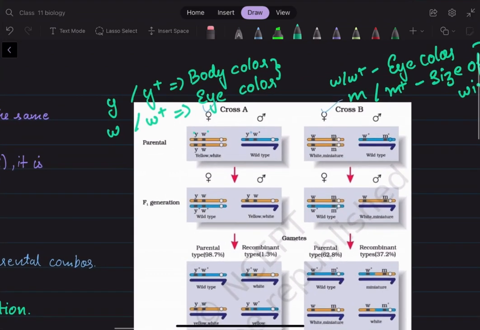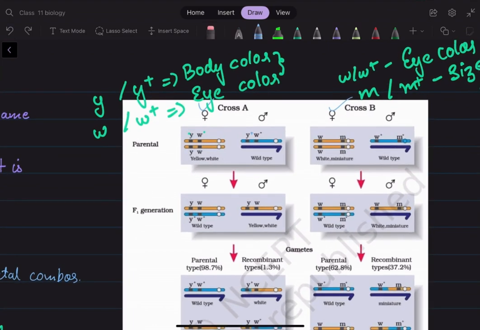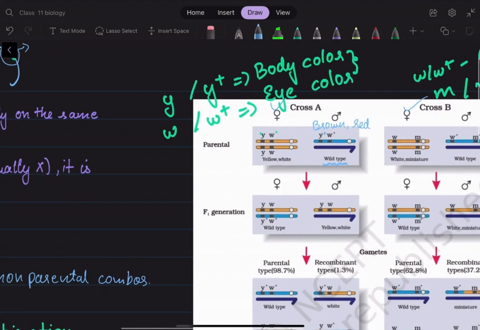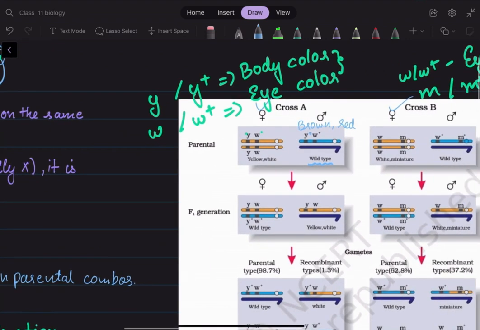The first one was considering the body color and the eye color. They took a wild type fruit fly which had brown body and red eye, with a fruit fly with recessive characters, that is yellow body with white eyes.